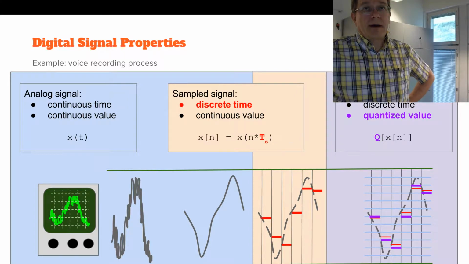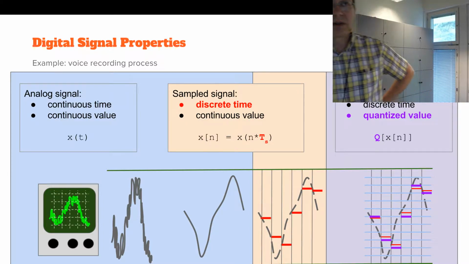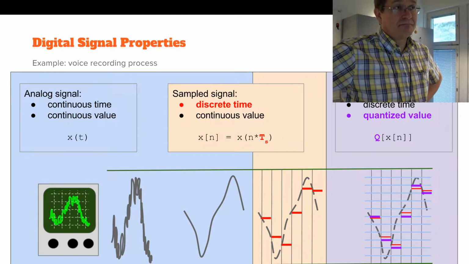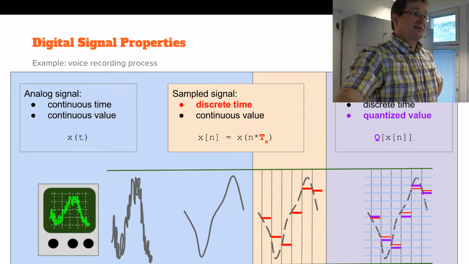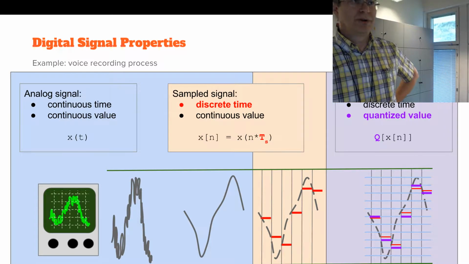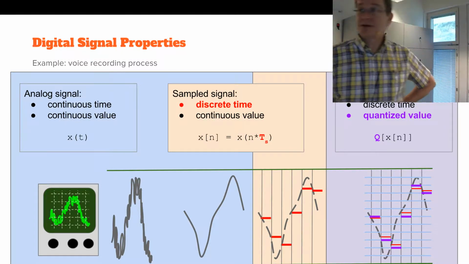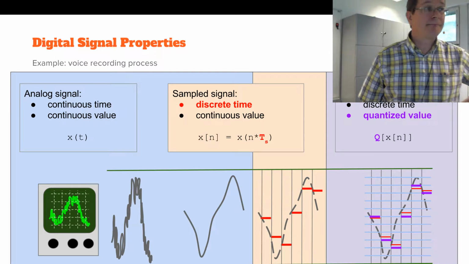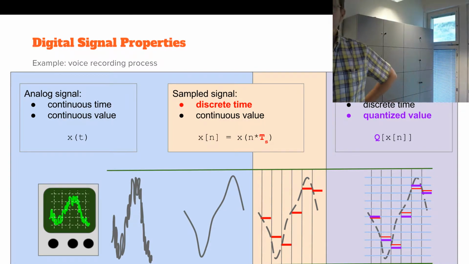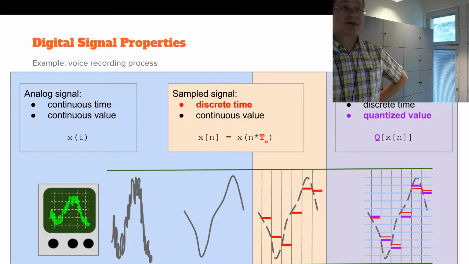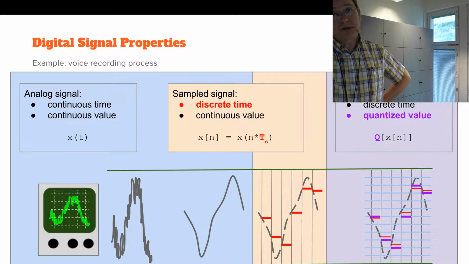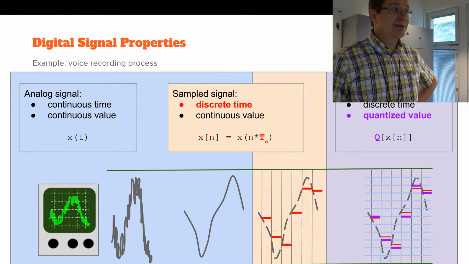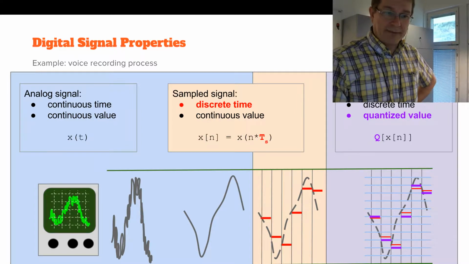But that's actually quite a special topic for fixed point arithmetic in computers. The sampled signals are quite nice. If you have floating point precision in your calculations, then you probably want to use sampled signal algorithms. So discrete time but continuous value. Double precision floating point numbers are close enough to be considered as continuous value.